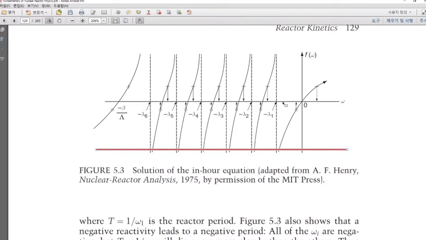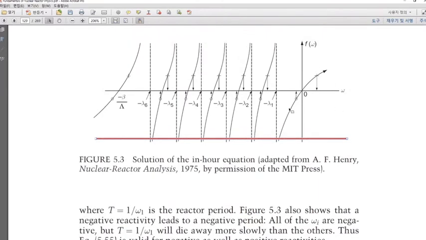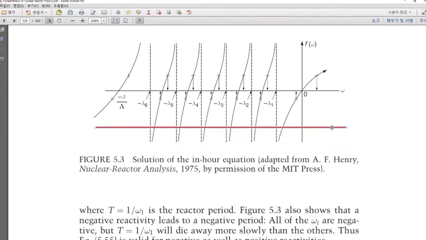So the smallest value omega 1 can take is negative lambda 1. In the case of negative reactivity, even though we gradually decrease the reactivity, there is some limit in the omega 1 value.